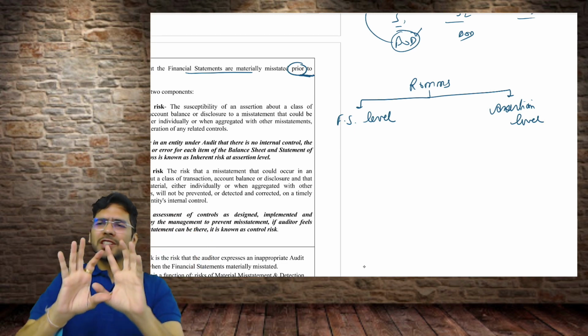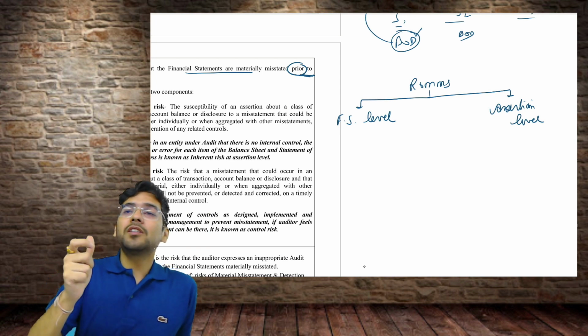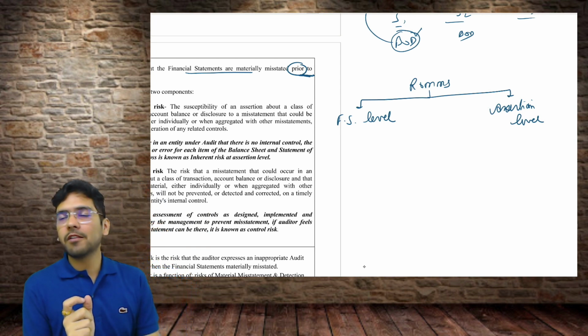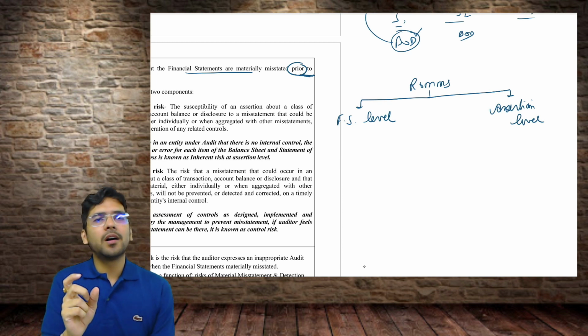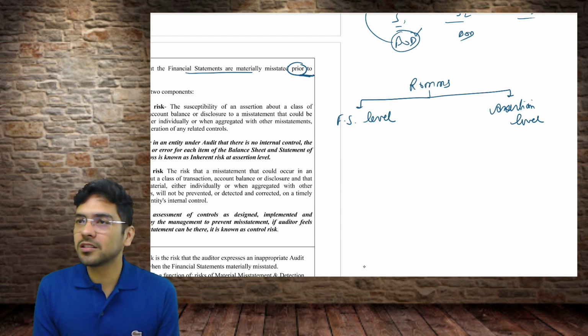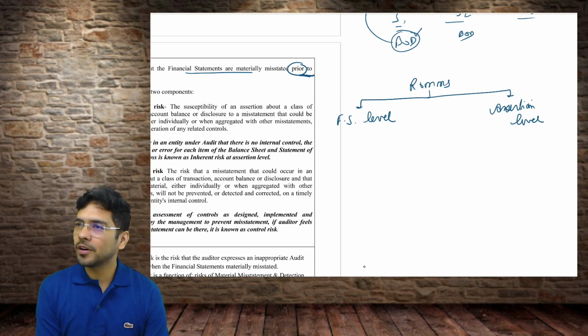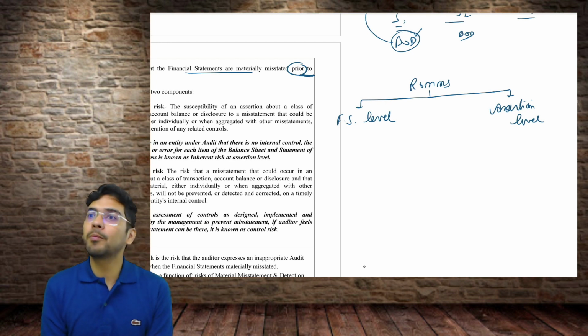Okay, so what is this? Just understand, we'll be covering all this in the chapters in detail. When I say risk of material misstatement at the financial statement level, let's put it this way. Going concern is one of the fundamental accounting principles that should be followed while preparing the financial statements.